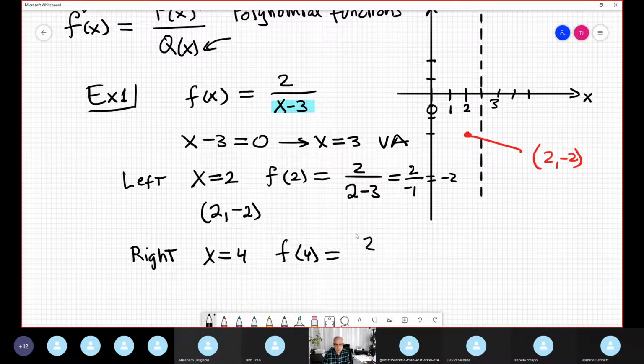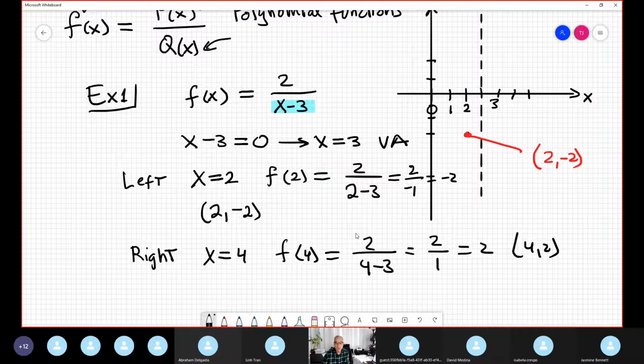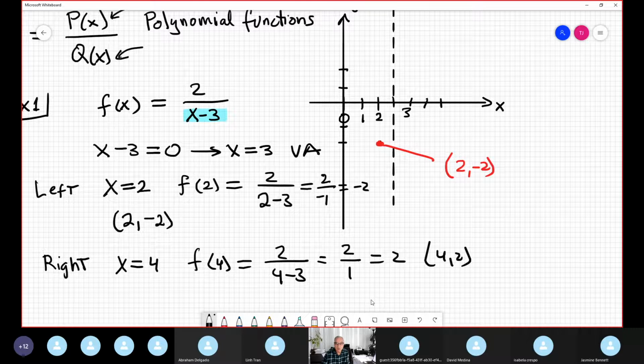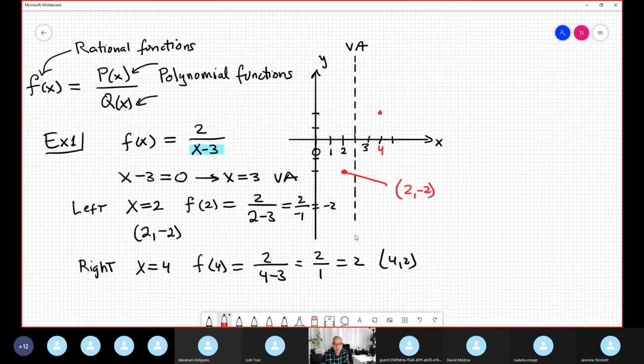Entonces es 2 over 4 minus 3. Wow, it's 1. Entonces 2 divided by 1 is 2. And the point is 4, 2. You plot the point 4, 2. 4 is here, 2 is here. And I have no super accuracy idea, but a rough idea how the behavior looks.